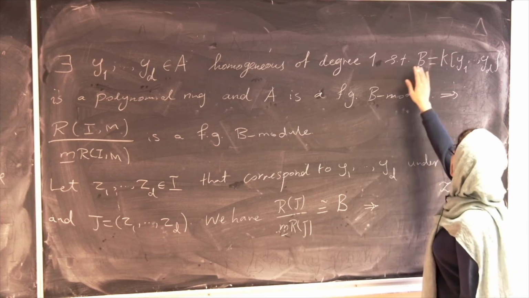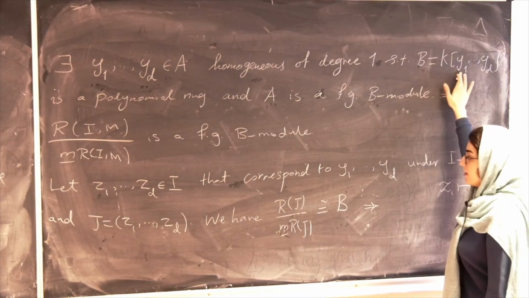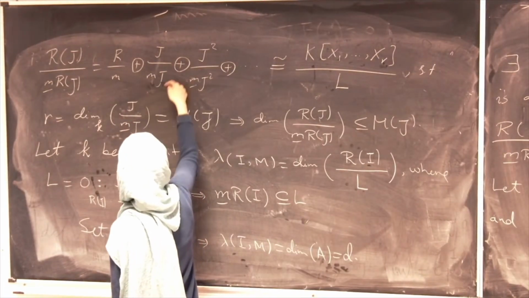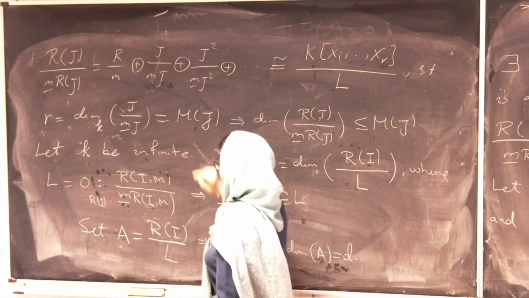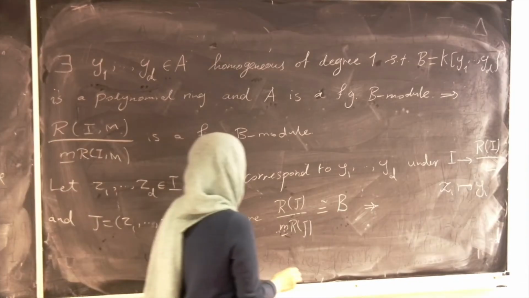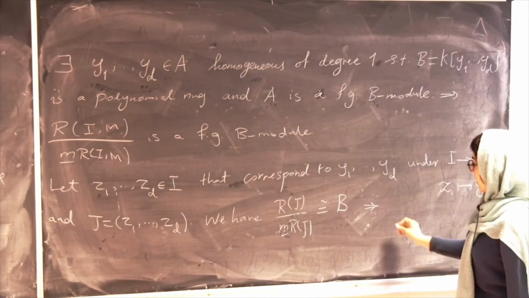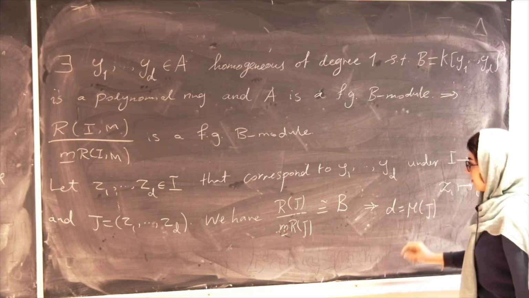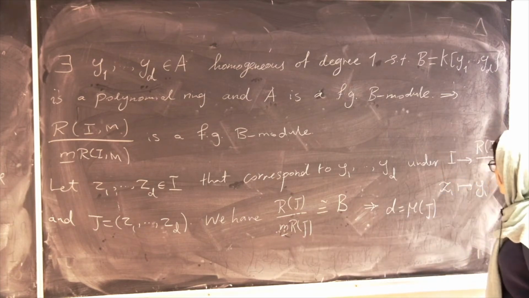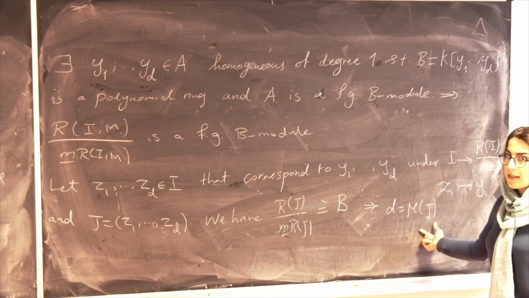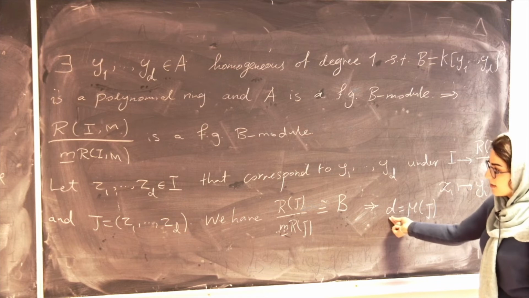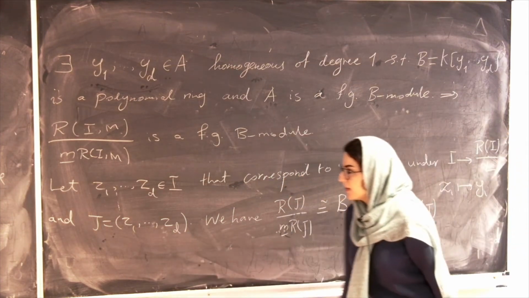The embedding dimension of B, this polynomial ring, is d, and the embedding dimension of this, as you can see, is generated by degree 1 elements, is just mu of J. So I will have d is equal to mu of J. So J has exactly, as a minimal generating set, z1 to zd.